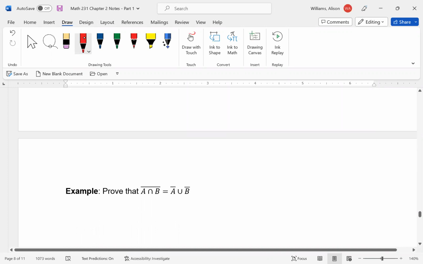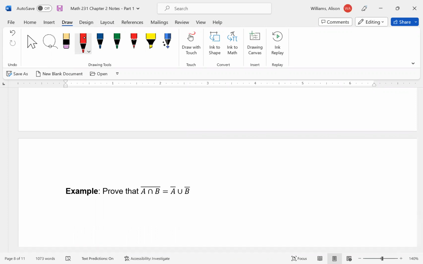So we're going to prove that if you look at the intersection between A and B and find their complement, that's the same thing as finding the complement of A unioned with the complement of B. All right, there's a couple ways to prove this. They are both shown in the book.